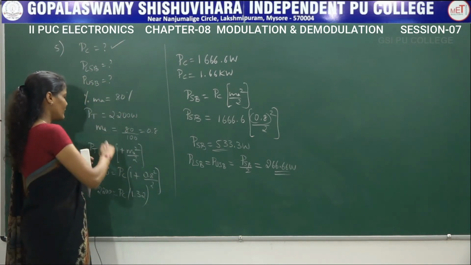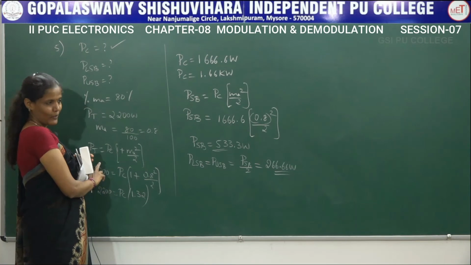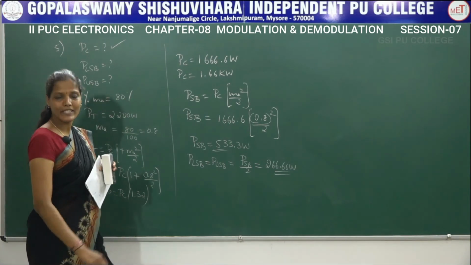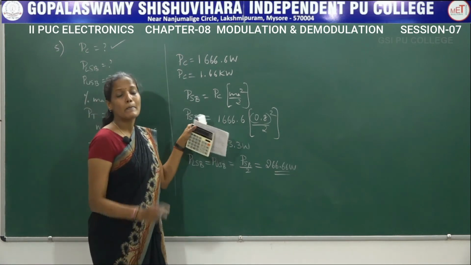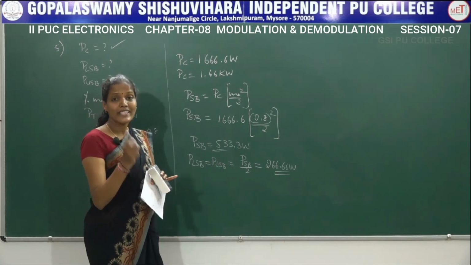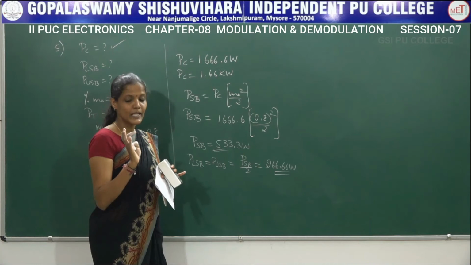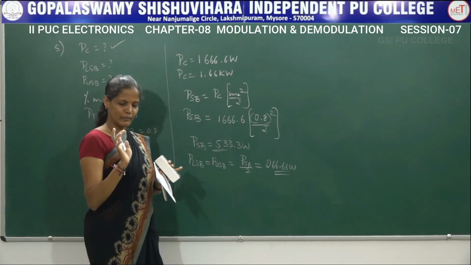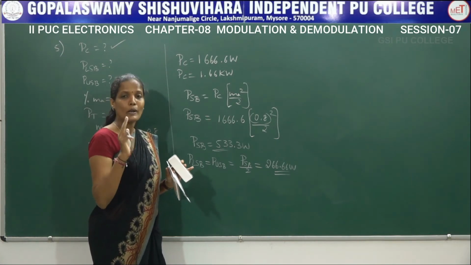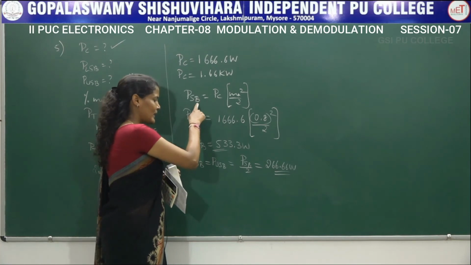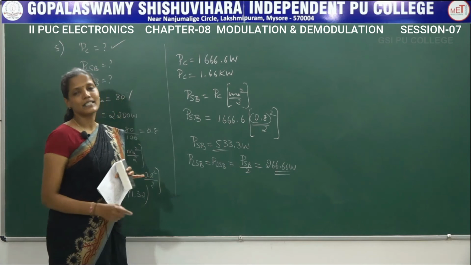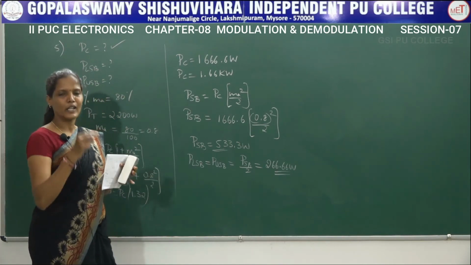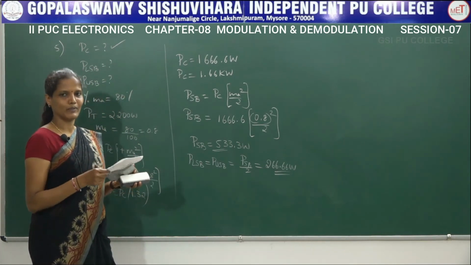So first you have to find PC with this formula, PT equals PC of 1 plus MA square by 2, and using that PC value you can find the total power of the sidebands only, that is PSB. Using this formula find the power of both sidebands, and then you can divide that by 2 to get the separate powers. Clear? Now we'll move on to the next problem.